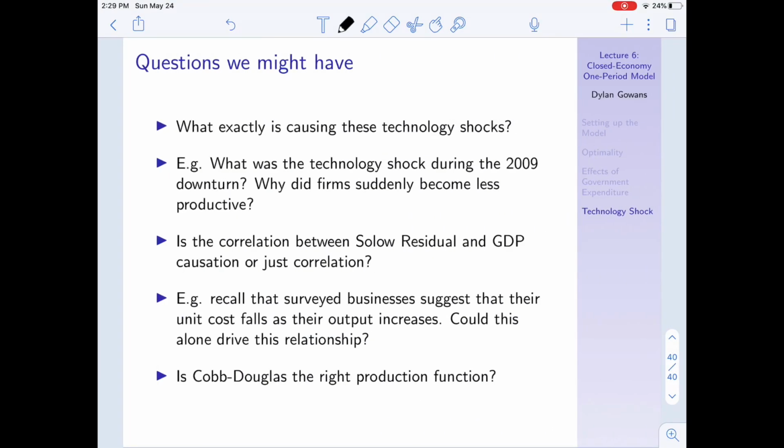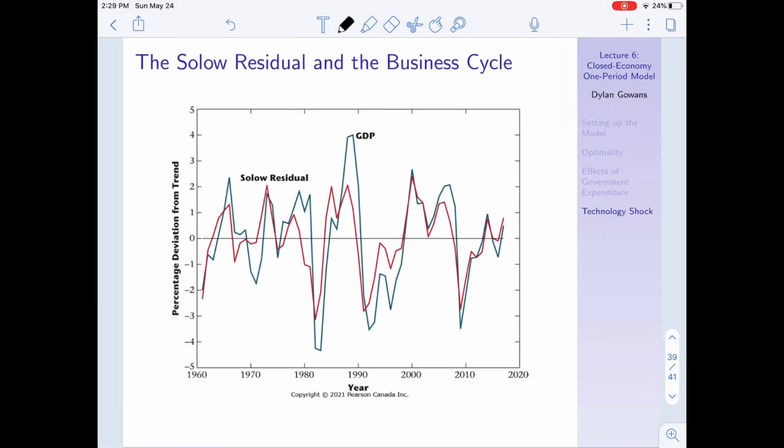That's the argument. Well, we might have some questions, as you can imagine. One, what exactly is causing these technology shocks? We talked about some things before, but I also told you that it's not always clear. There's no way to look specifically. And I'll claim here that in some cases a technology shock isn't a great explanation for what we see. Imagine, I'll go back to the graph here.